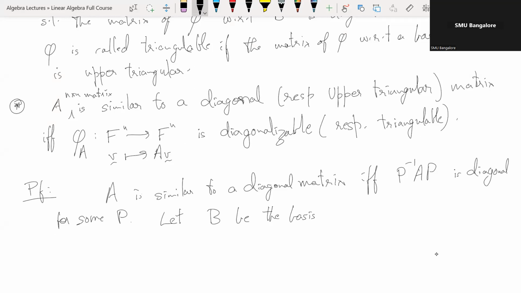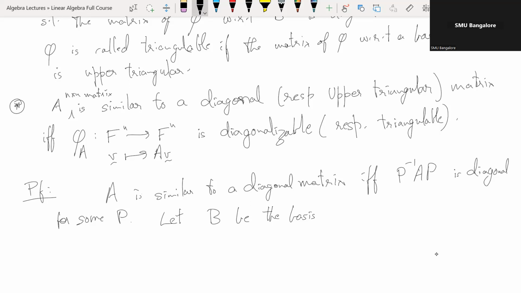So you have to apply a change of basis matrix. The matrix of phi_A is A with respect to which basis?